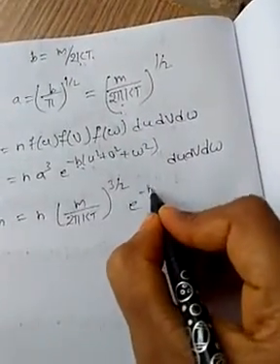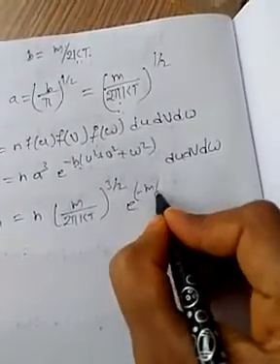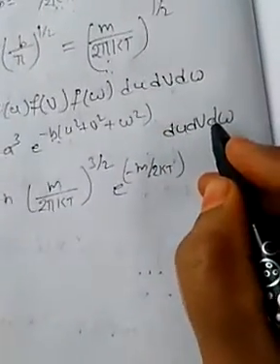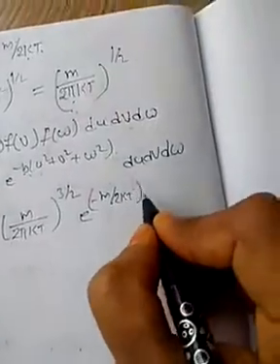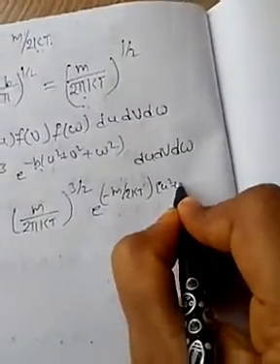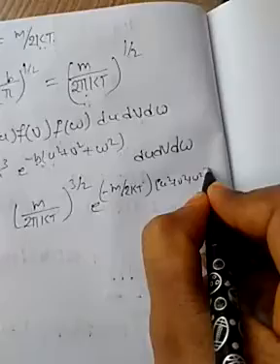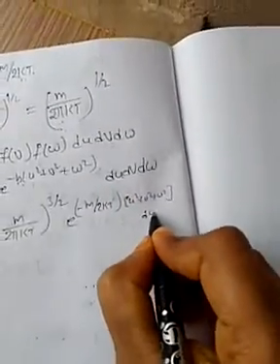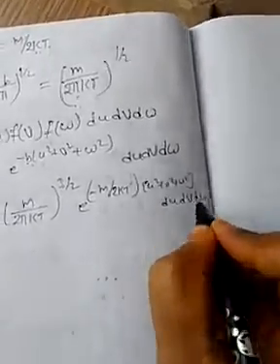So it becomes e power minus m by 2kT times (u square plus v square plus w square) du dv dw.